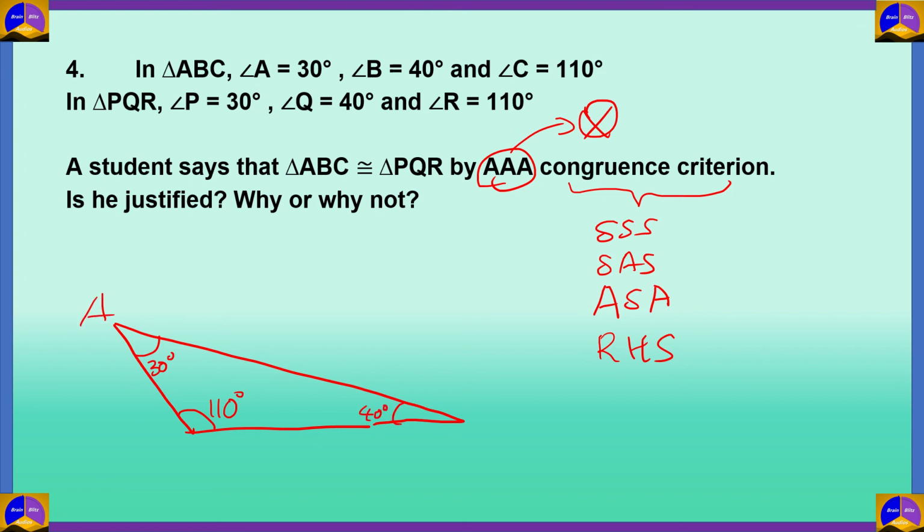Now let's say this is triangle ABC, and this is triangle PQR.